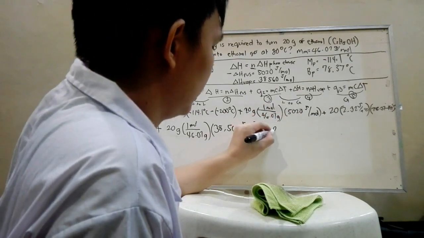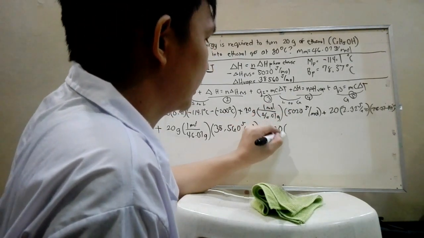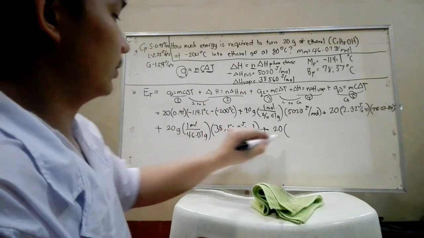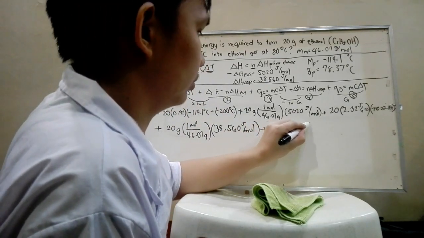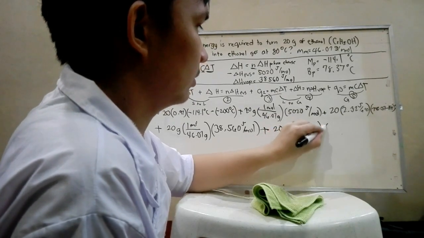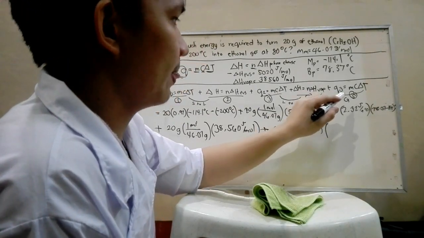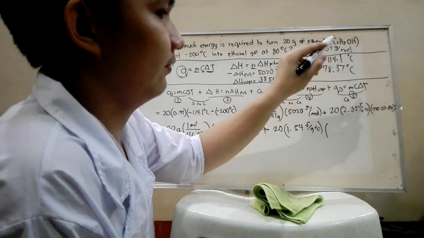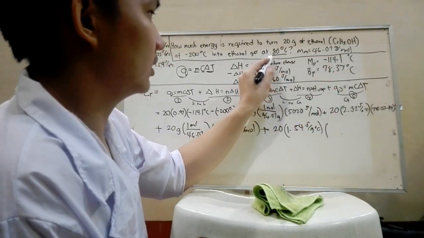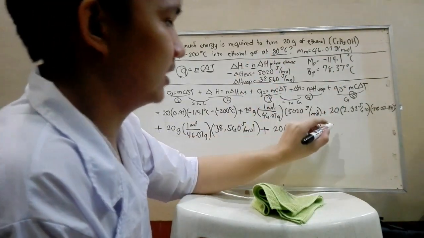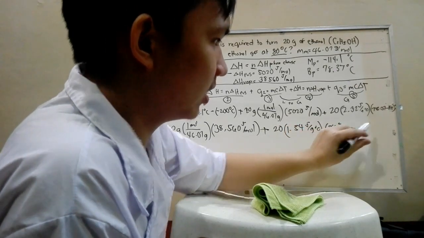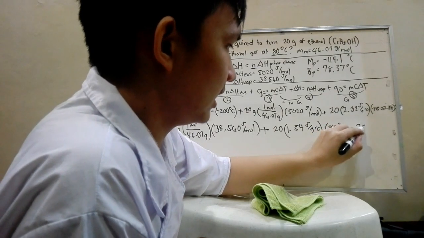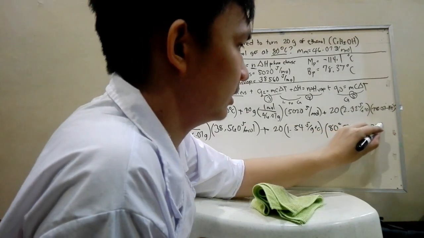So 20. The specific heat of gas, we are using this. And then finally, the final temperature that we are going to use is, we want to achieve 80 degrees Celsius, coming from 78.37 degrees Celsius.